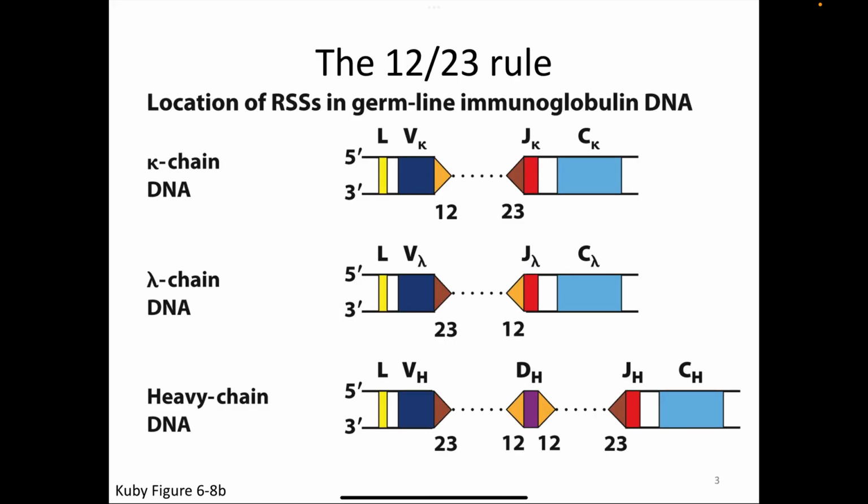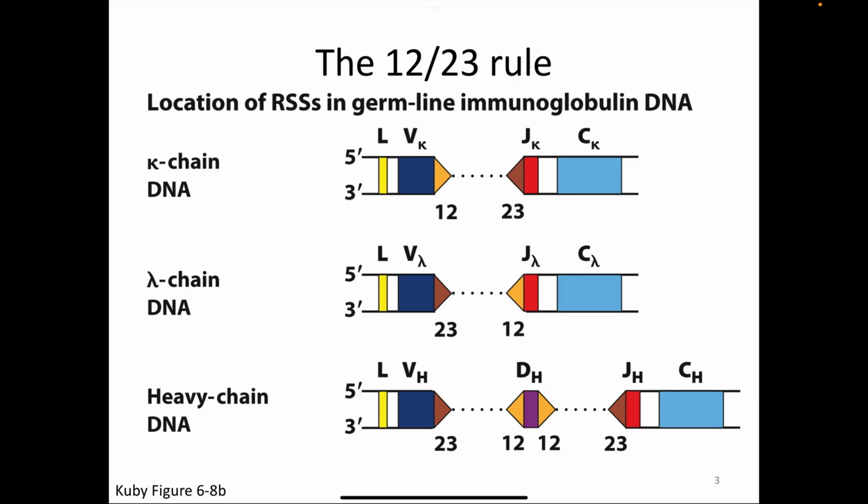And we started talking a little bit about the process of how we were going to have the DNA cut at those individual gene segments and then pasted back together. And I introduced you to the idea of RSSs, or recombination signal sequences, which are these unique sequences that are adjacent to our V's, D's, and J's that our enzymes are going to actually grab onto in order to find two segments that it's going to recombine together.